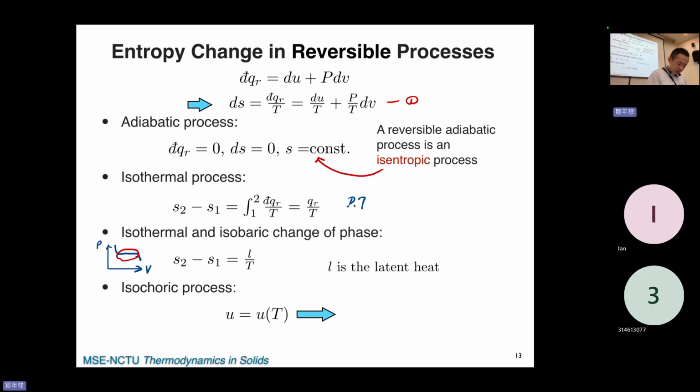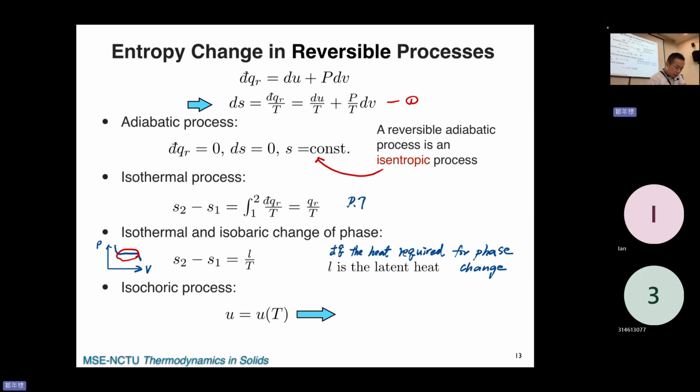So your đQ is the heat required for phase change. What's that? Latent heat. So we just substitute this by latent heat. Done.